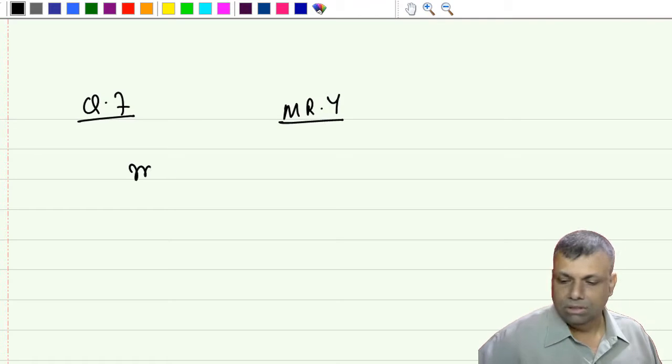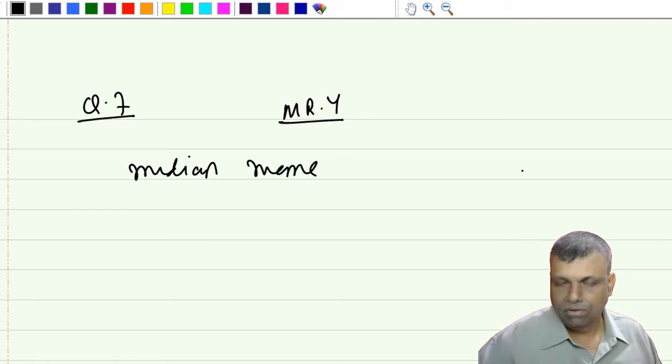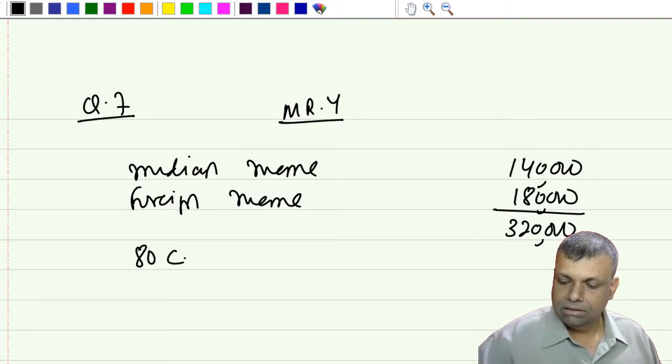Indian income, I'll just take the total straight away, 1,40,000. Foreign income is 1,80,000. So 3,20,000. Less 80C 16,000.